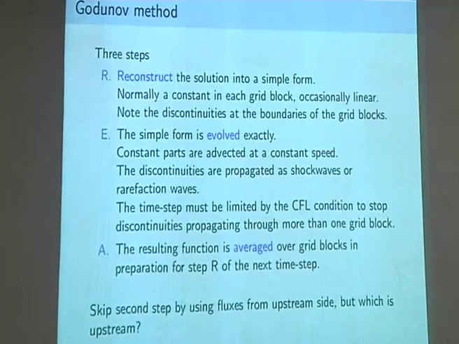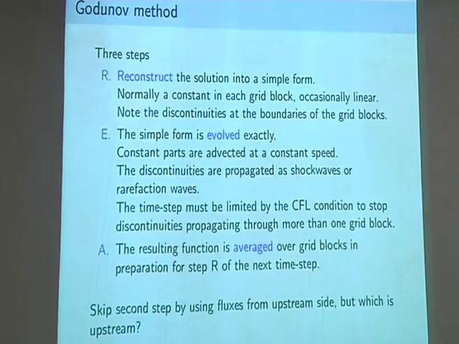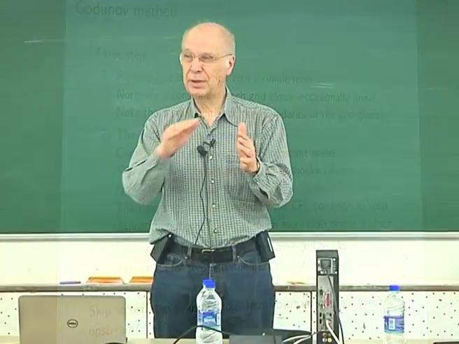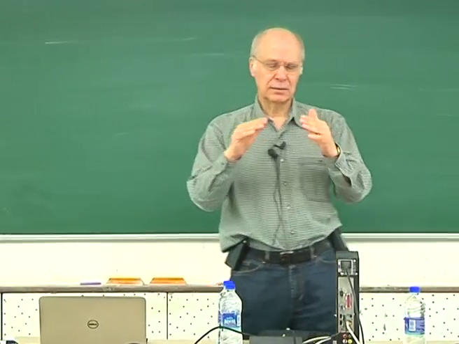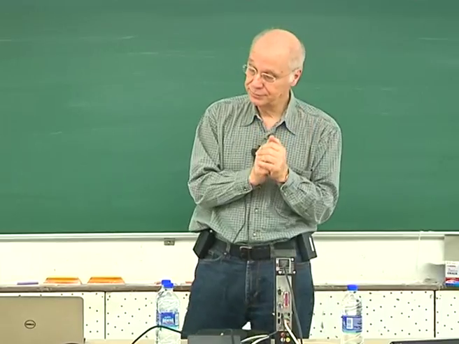So you start at one time level with the solution, and then you reconstruct, you simplify the solution. Typically, you make it piecewise constant in each interval. The sophisticated, second order version would have piecewise linear in each interval. Although the piecewise linear ones may still have a discontinuity at the boundary.